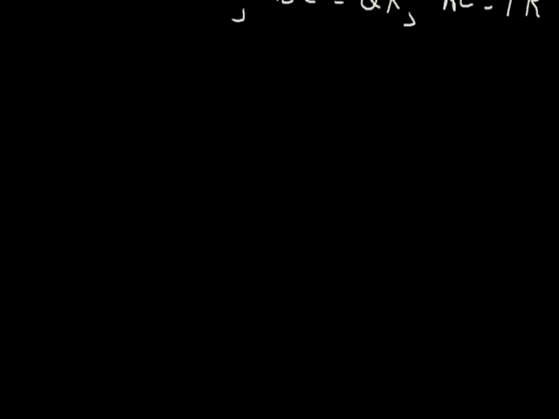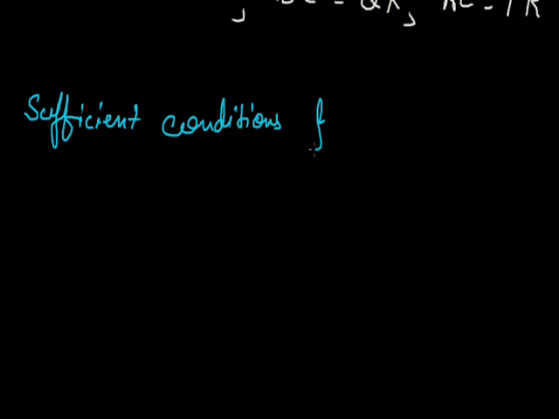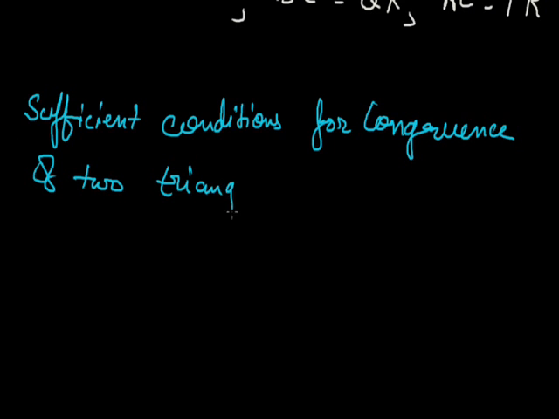conditions. There are some conditions with the help of which we can prove that the two triangles are congruent. These are the sufficient conditions for congruency of two triangles. The first one is SAS.